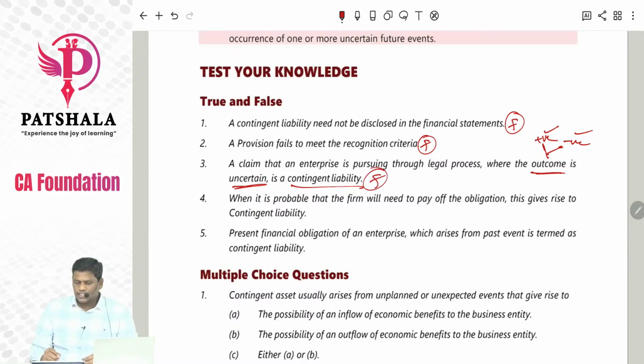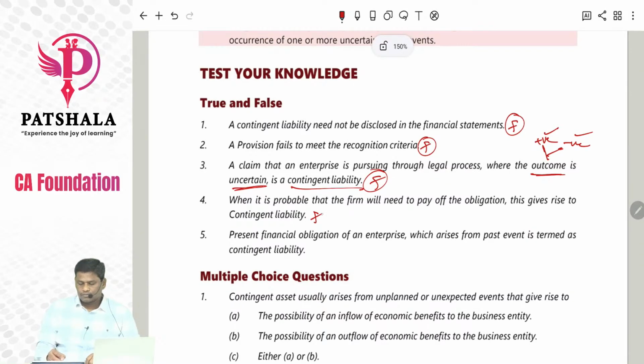Where it is probable that the firm will need to pay off the obligation, it gives rise to a contingent liability. When it is probable that the firm will need to pay, it definitely has to pay.